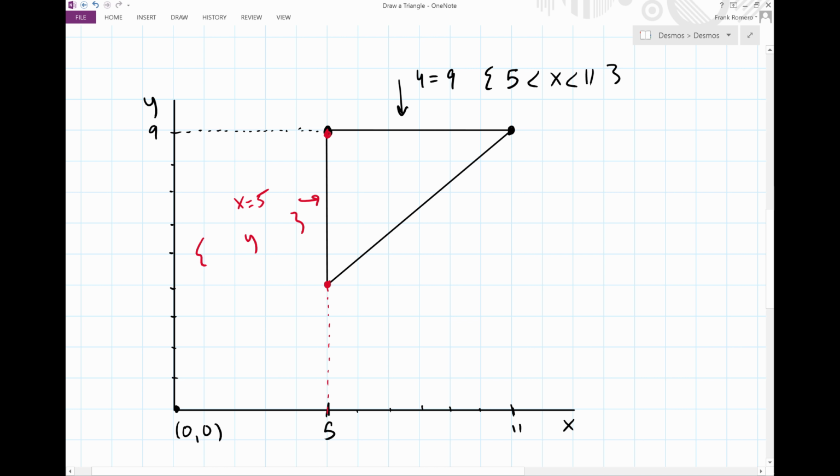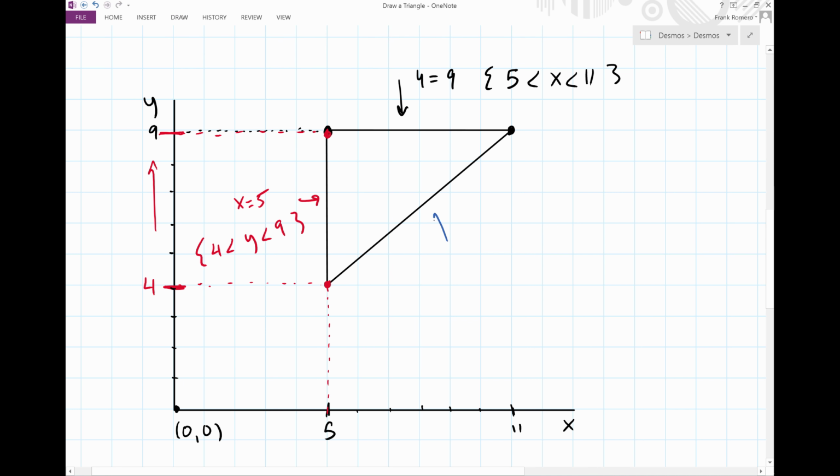It goes from here to here. So that's 1, 2, 3, 4. It goes from 4 to 9, right? And again, you can always watch my video on how to draw vertical and horizontal lines. Okay.